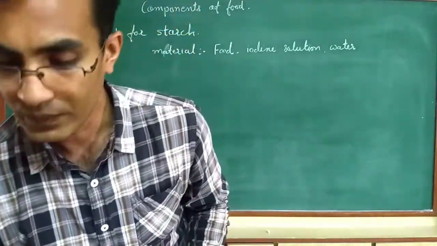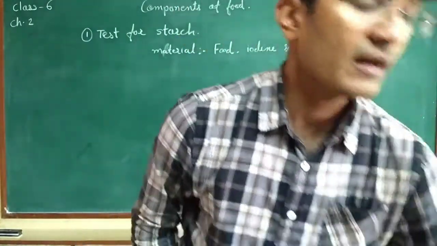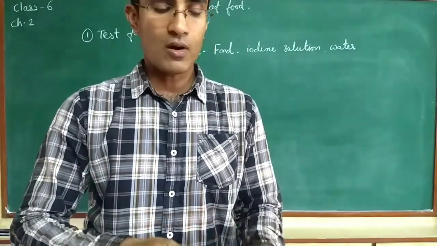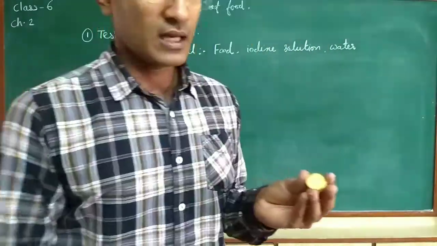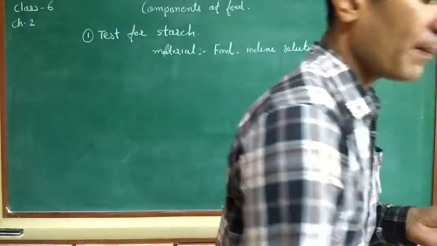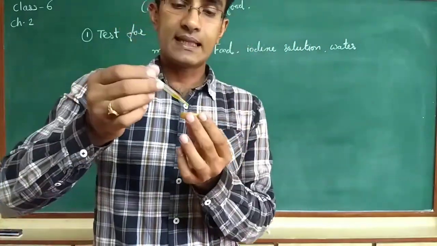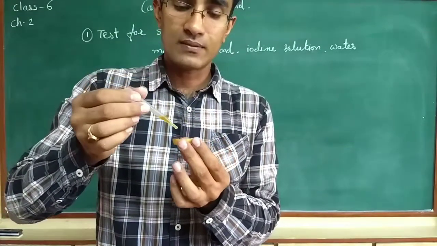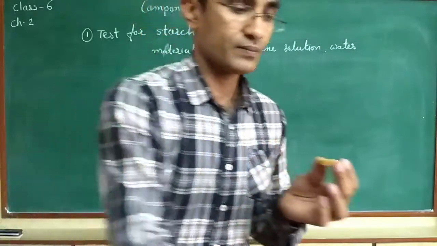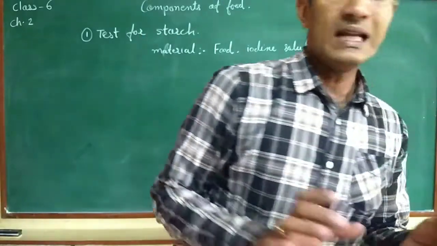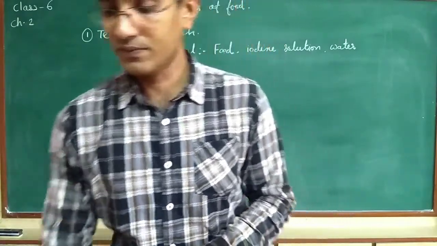If you want to do an experiment, we can directly put a drop of iodine on a slice of potato. Here, if we put a drop of iodine onto the slice of potato, we can see a change in color. We will leave our sample for a minute and then we will observe.